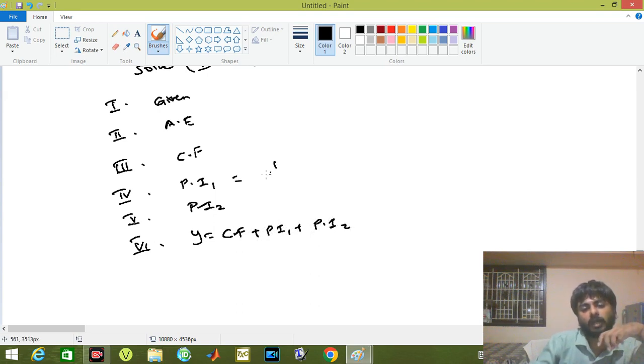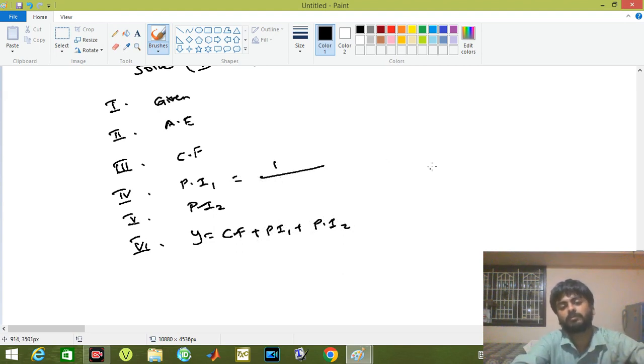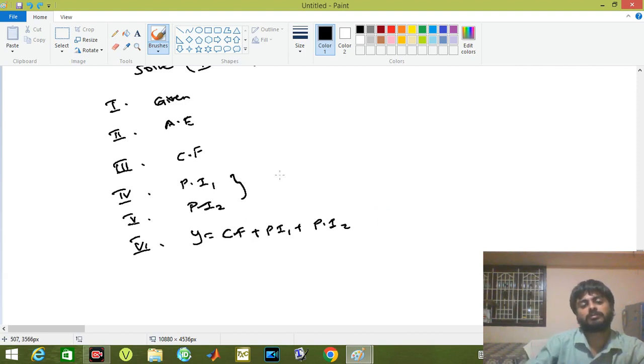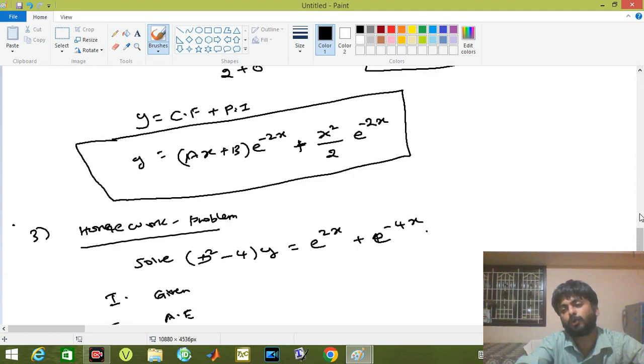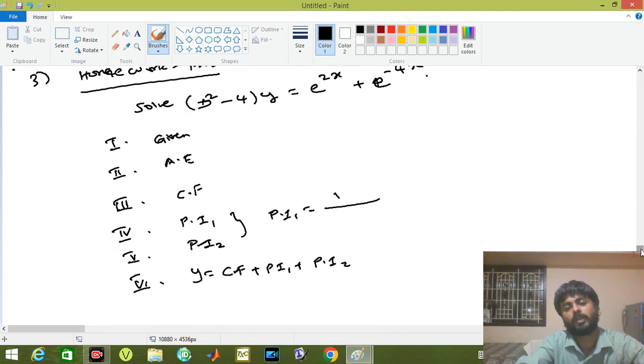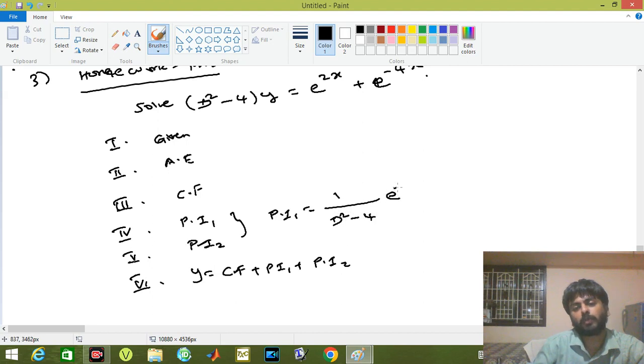I shall give you a hint. What will be your PI1? PI1 equal to 1 divided by (d square minus 4) into e power 2x, and PI2 is 1 by (d square minus 4) into e power minus 4x.